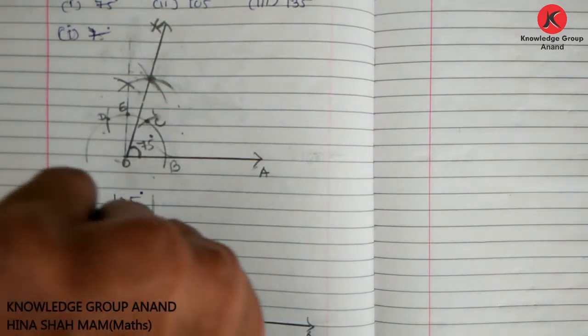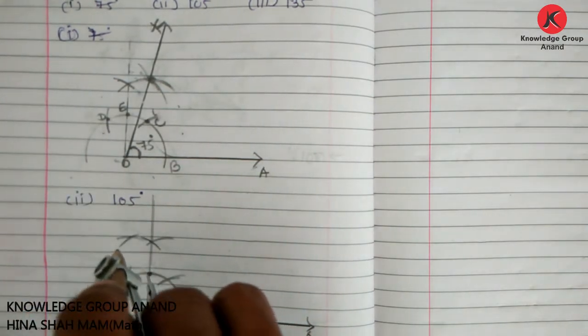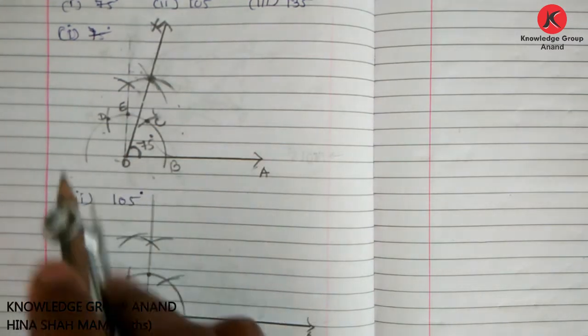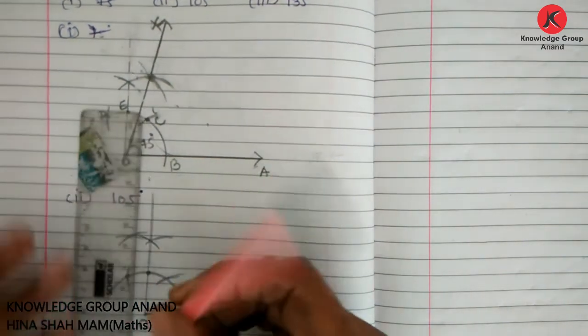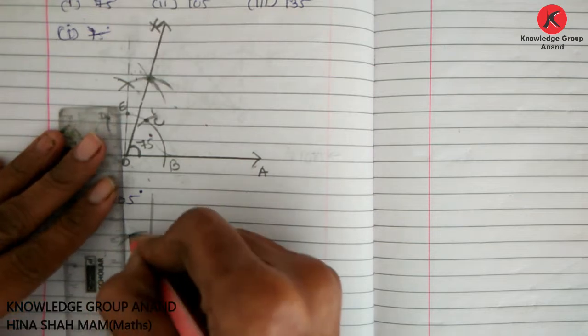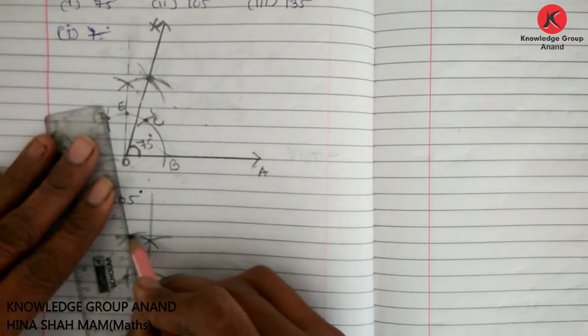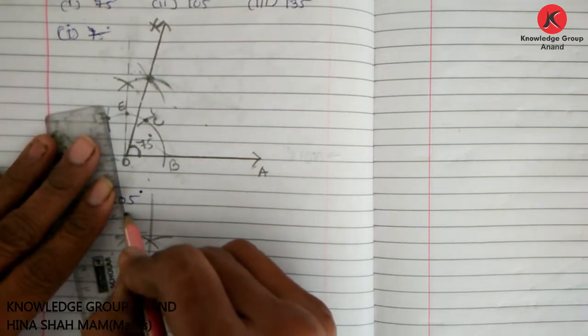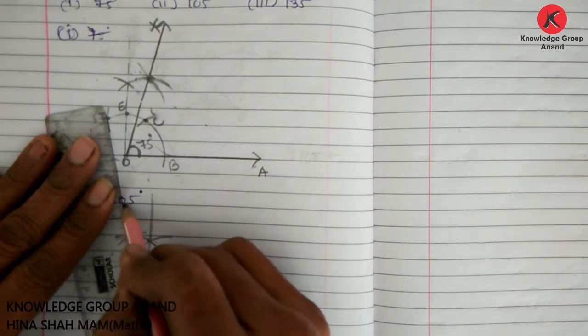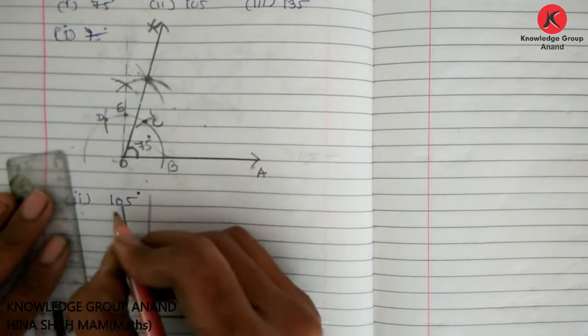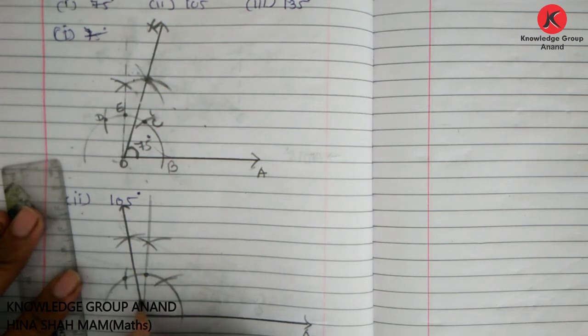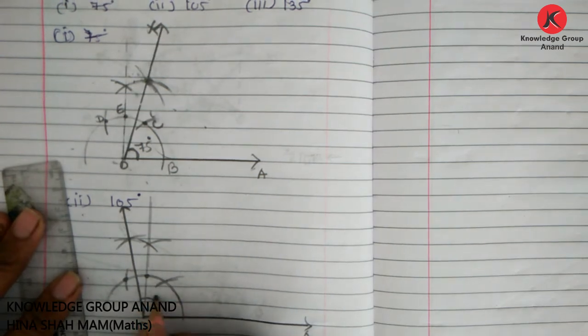Then the bisector of the 30 angle is 15. 90 plus 15 is equal to 105 degrees.